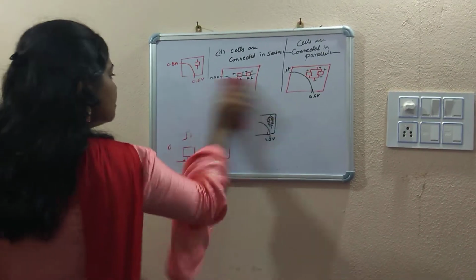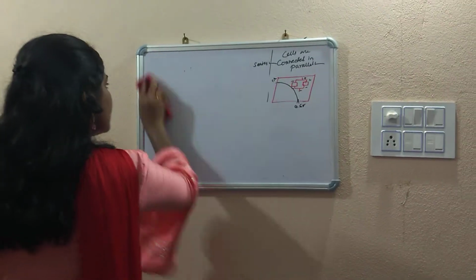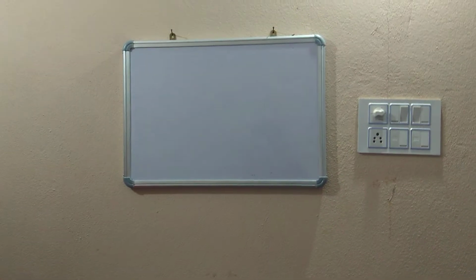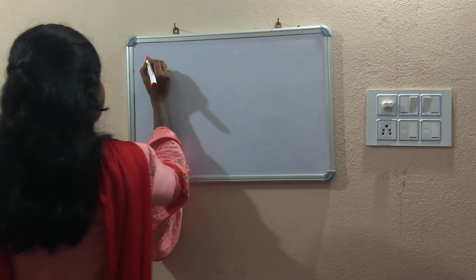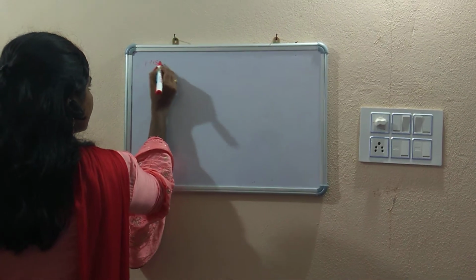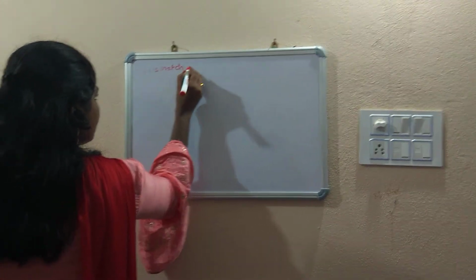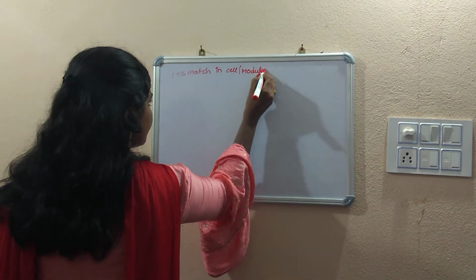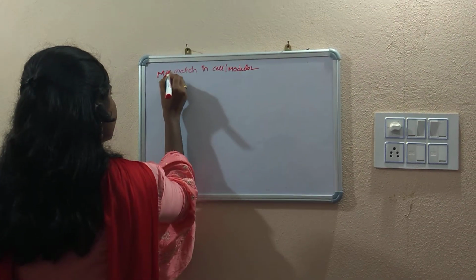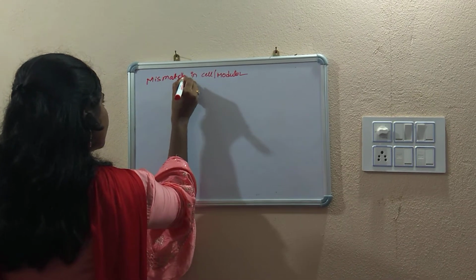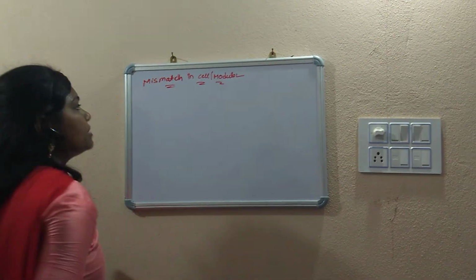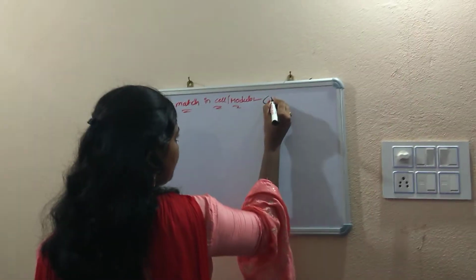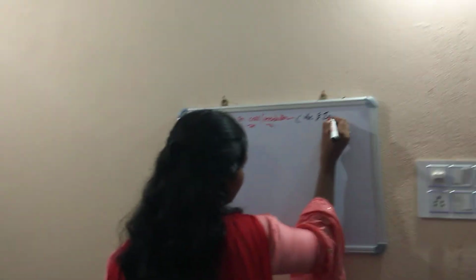Next one, mismatching cell or module. The mismatch is due to two electrical parameters: open circuit voltage and short circuit current.